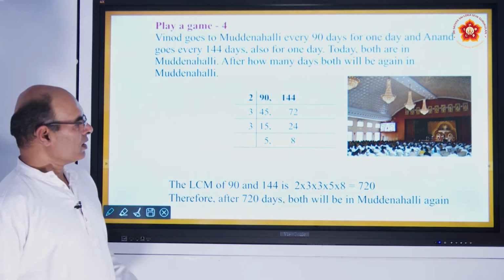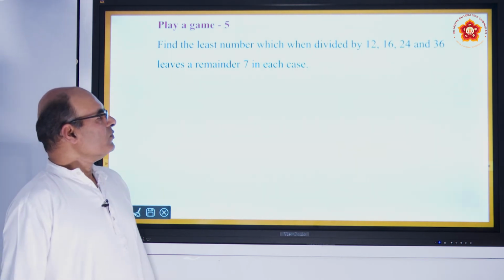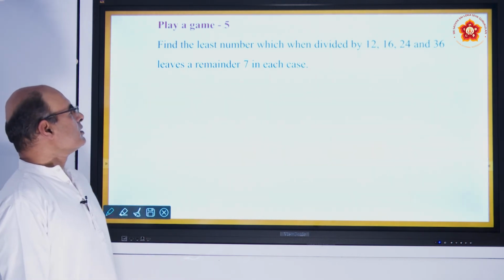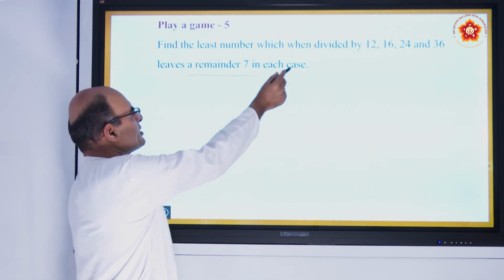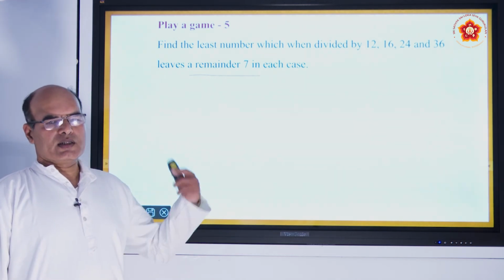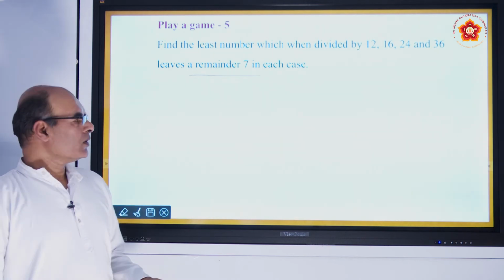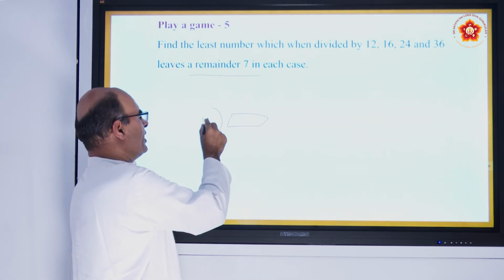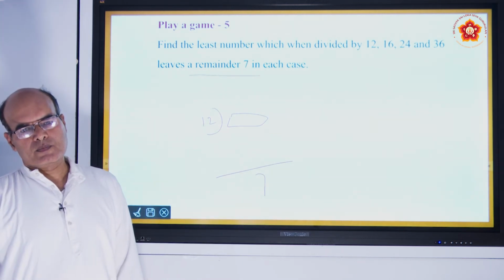Let us take one more example. Find the least number which when divided by 12, 16, 24 and 36 leaves a remainder 7 in each case. Read the question carefully and try to understand. We have to take a number, and when it is divided by 12, we get 7 as remainder.